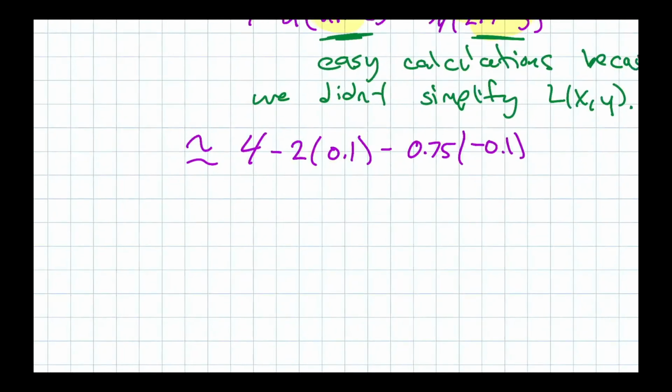Again, I can do this by hand, because this is 4 minus 0.2 and then plus 0.1 times 0.75, which just moves the decimal place over 1. So that's going to be 0.075, and that's actually doable by hand.